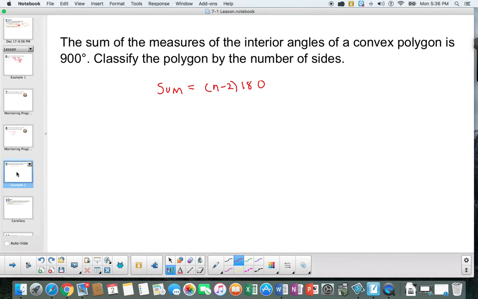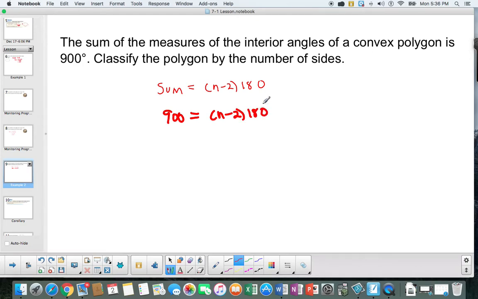Okay, the sum of the measures of the interior angles of a convex polygon is 900. This is kind of a backwards problem. They're not giving us the sides, they're giving us the sum. So here's the formula again, but this time I'm going to put 900 here as the answer. And then I have n minus 2 times 180.